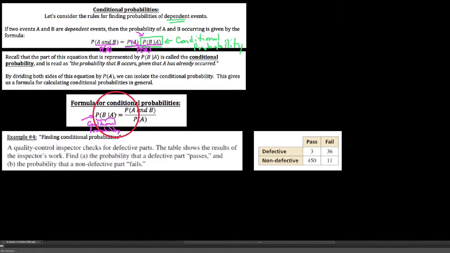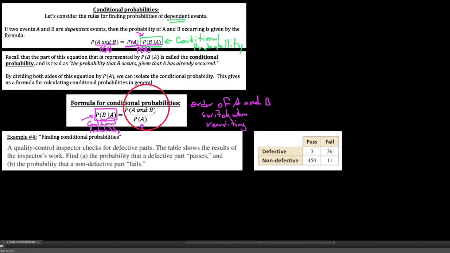One thing I do want to mention about this is the order of A and B when you rewrite it. You know what, let me rewrite it here. The order of A and B switches when rewriting. Essentially, when we come across probabilities of some event occurring given that prior events already happened, we take the probability of A and B divided by the probability of A. But the real question becomes, which one do I divide by?